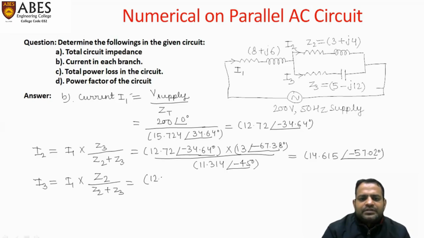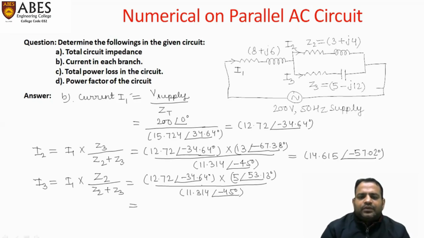So 12.72 at an angle minus 34.64 degree into Z2, 5 at an angle 53.13 degree, upon Z2 plus Z3, 11.314 at an angle minus 45 degree.